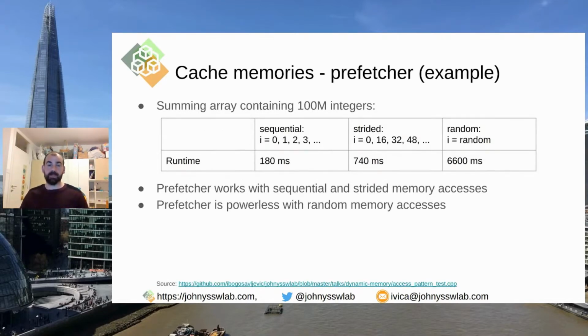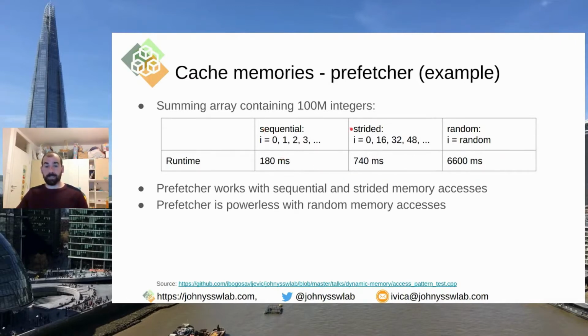Here's an example. Summing an array that contains 100 million integers. You get the same result, but you're just summing it in a different order. If you're going through the array sequentially, so you're going 0, 1, 2, 3, the runtime is 180 milliseconds.